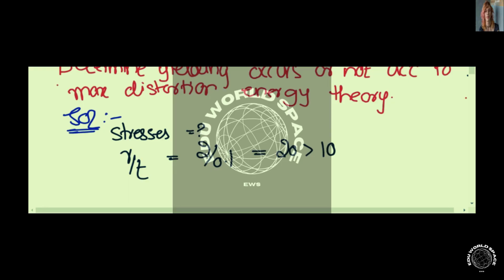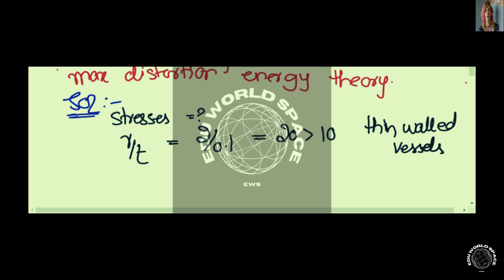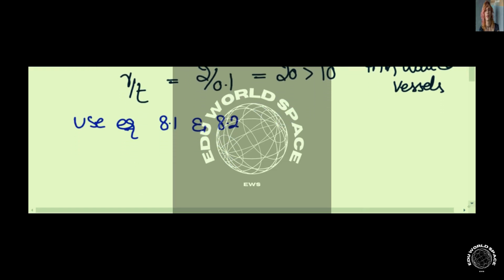So it means that we can use chapter 8 theory for thin-walled vessels. What we are going to do over here is use equations 8.1 and 8.2, because they apply here since we have a cylindrical thin-wall pressure vessel.